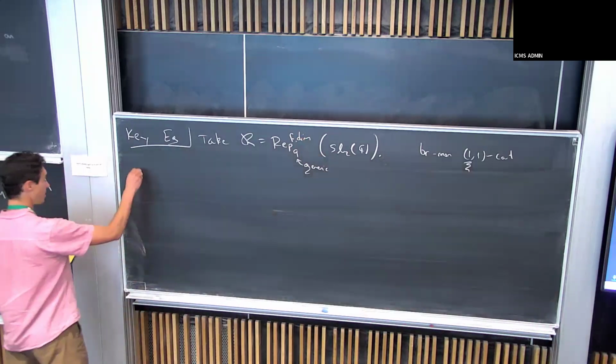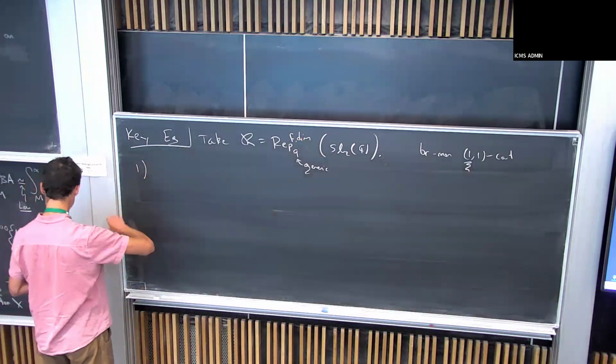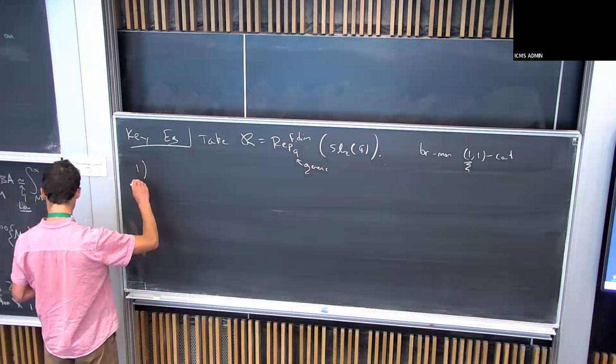So let me write the statement. First off, I have an item 1, but there's only one item.